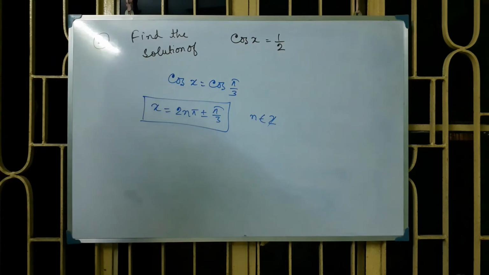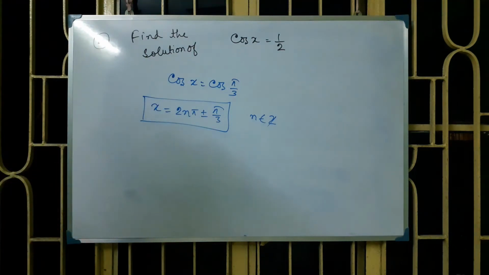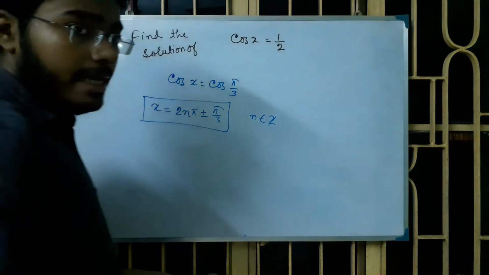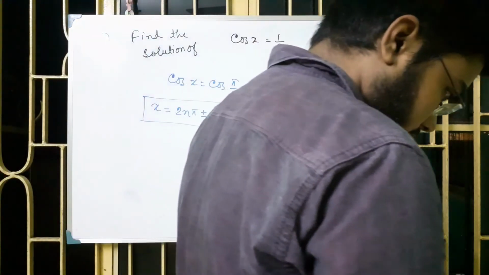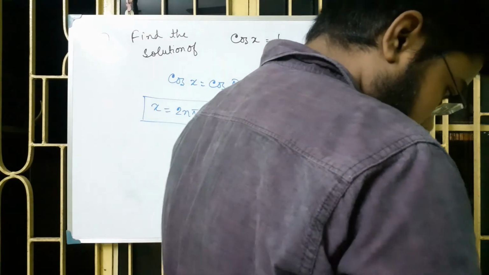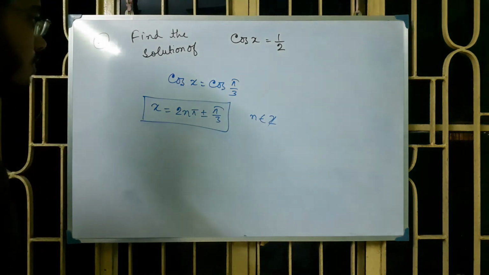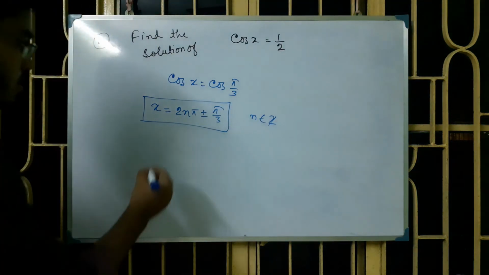Very simple, that is 2n pi plus minus pi by 3.